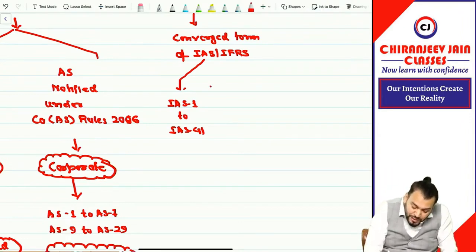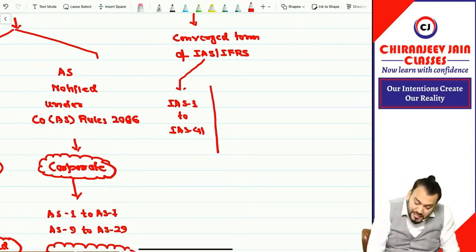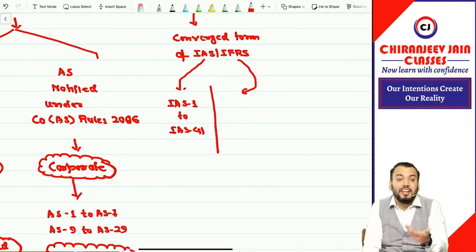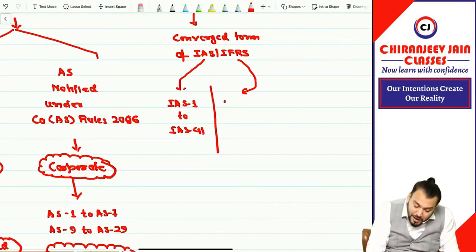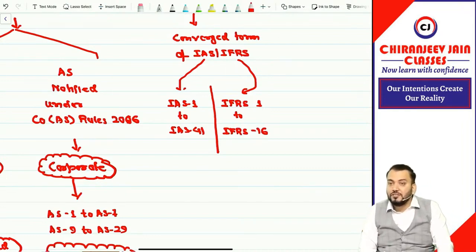And after the formation of the IFRS committee, this committee started drafting new accounting standards. So they started giving a different name, IFRS 1 to IFRS 16. Understood?